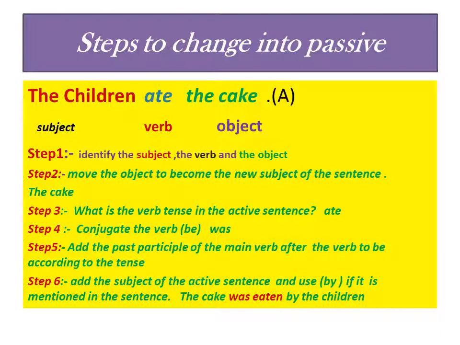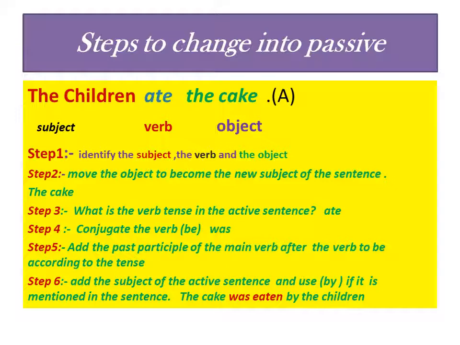The second step is to move the object to become the new subject of the sentence, like the cake. Step 3: what is the verb tense in the active sentence? It's ate. Step 4: conjugate the verb be. Actually was, because it's in the past form, and maybe later on it will be were, according to the object.